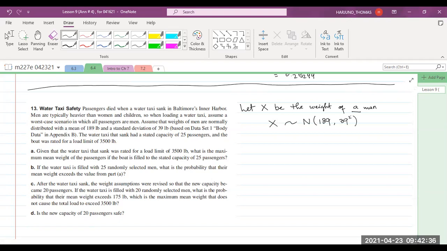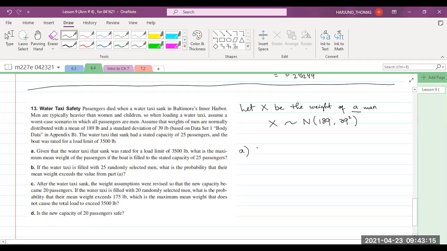Now, the water taxi that sank had a stated capacity of 25 passengers, and the boat was rated for a load limit of 3,500 pounds. Now part A. Given that the water taxi that sank was rated for a load of 3,500 pounds, what is the maximum mean weight of passengers if the boat is filled to the stated capacity of 25 passengers?